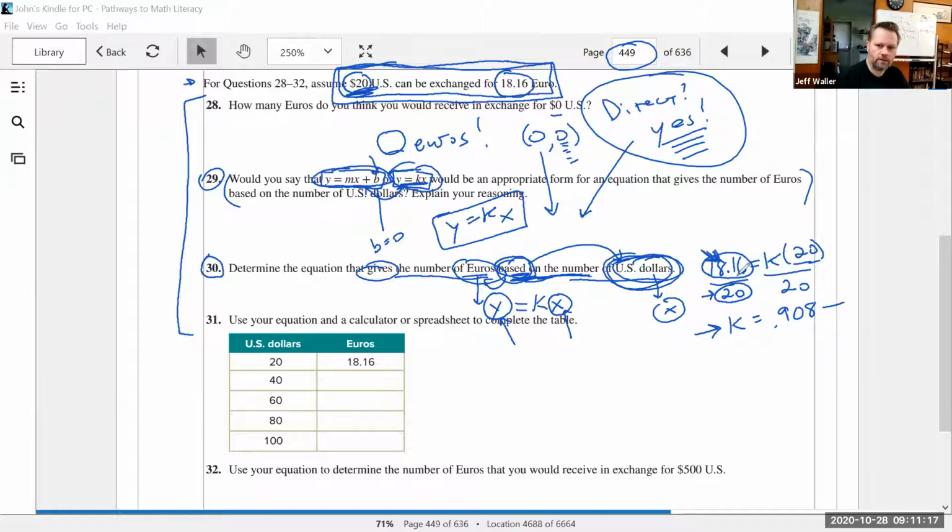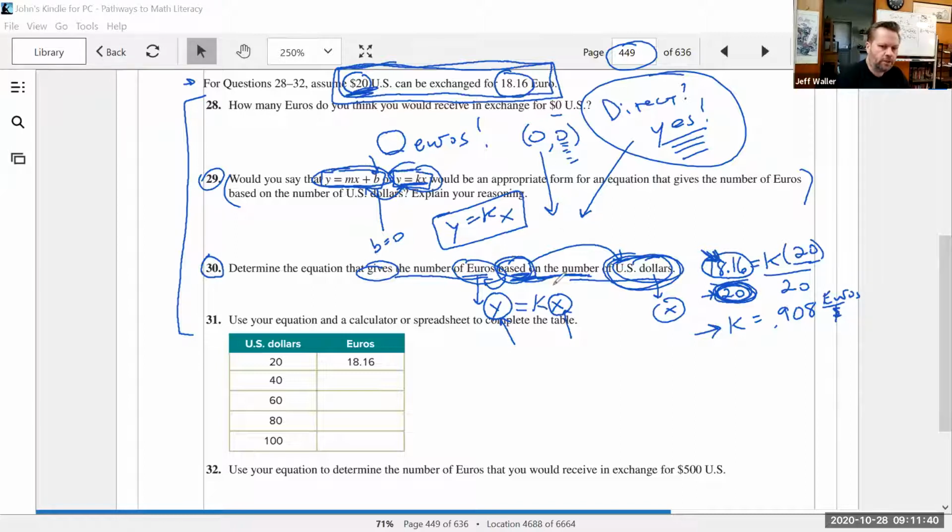What's 18.16? 18.16 what? Euros. So this is euros per dollar. I like it.